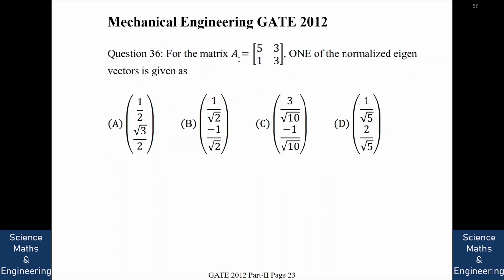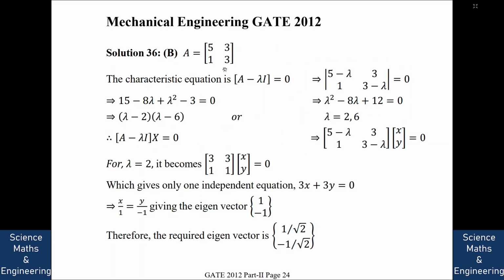For the matrix A equal to 5, 3, 1, 3, one of the normalized eigenvectors is given as, okay, so you need to find out the normalized eigenvector. So the answer is, see, A is given 5, 3, 1, 3. Now the characteristic equation is modulus of A minus lambda I equal to 0.